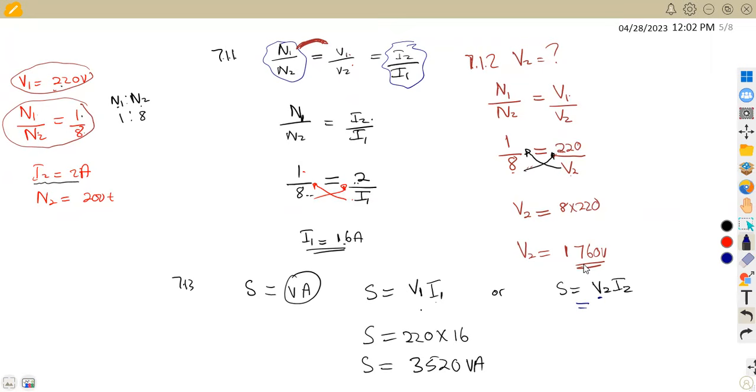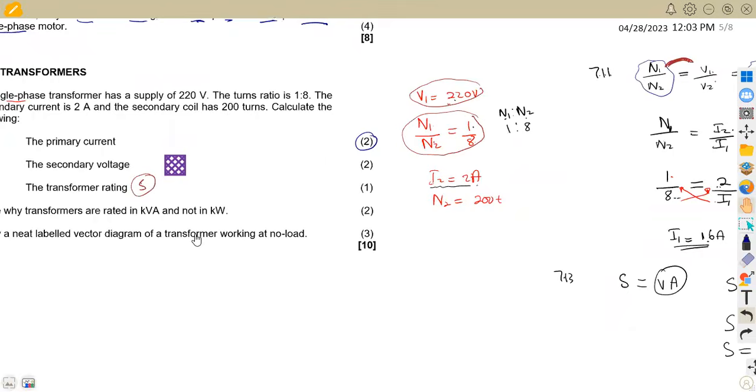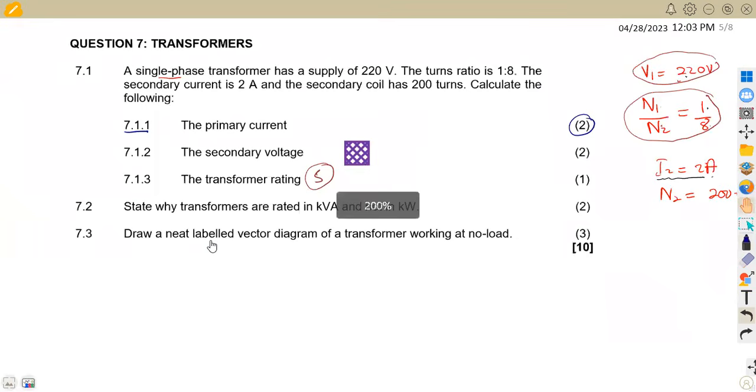We are going to use the V2, which is 1,760, times I2, the current, which is 2. In this case, we obtain the same answer, 3,520 volt amperes. So the rating of a transformer is in volt amperes, kilovolt amperes. So we can have this as apparent power S. All right, so that is volt amperes.